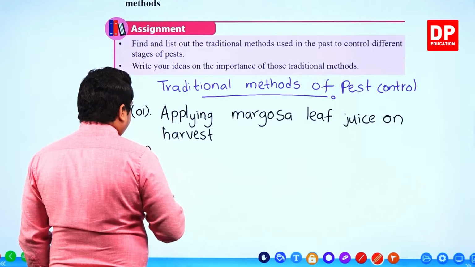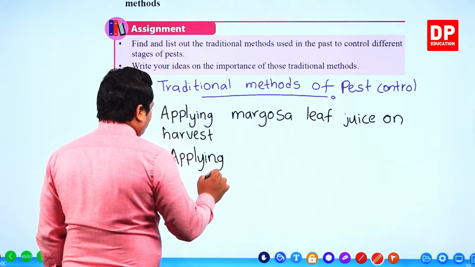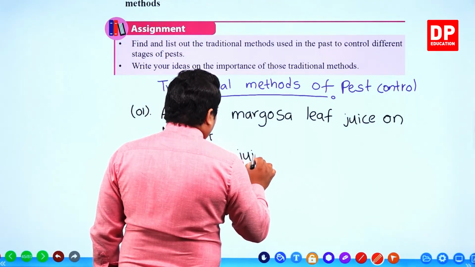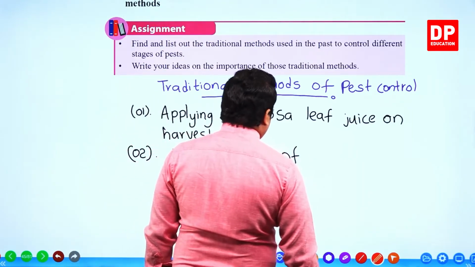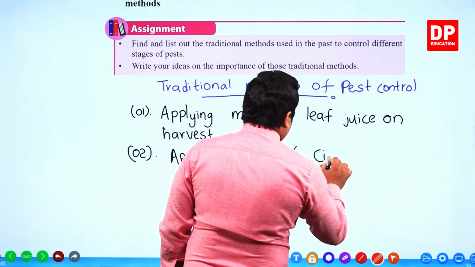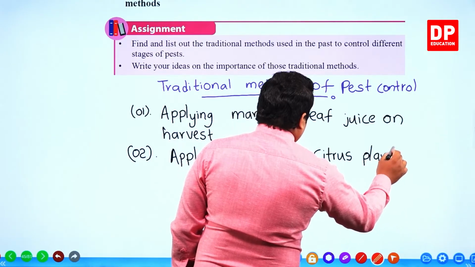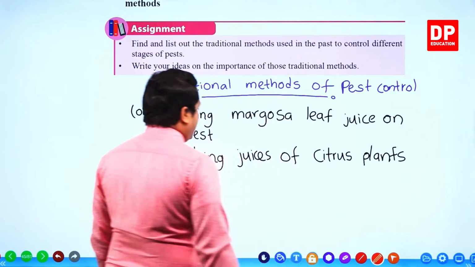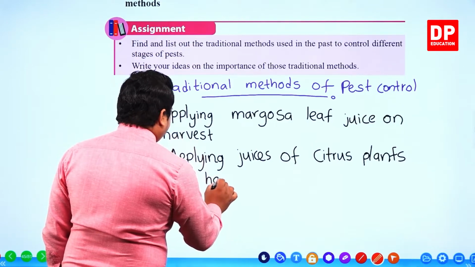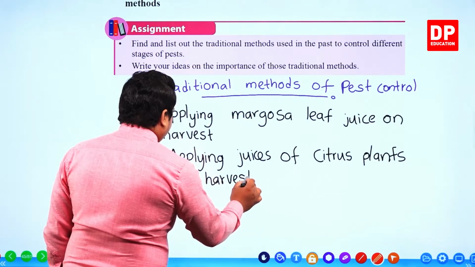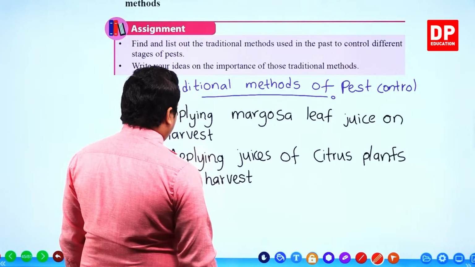Number 2, applying juices of citrus plants on harvest. Right? Applying juices of citrus plants on harvest.